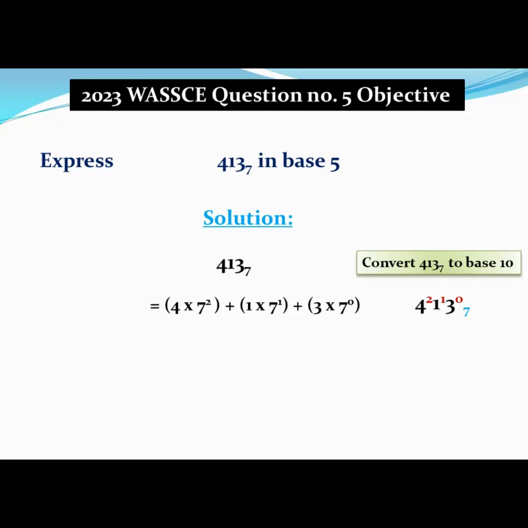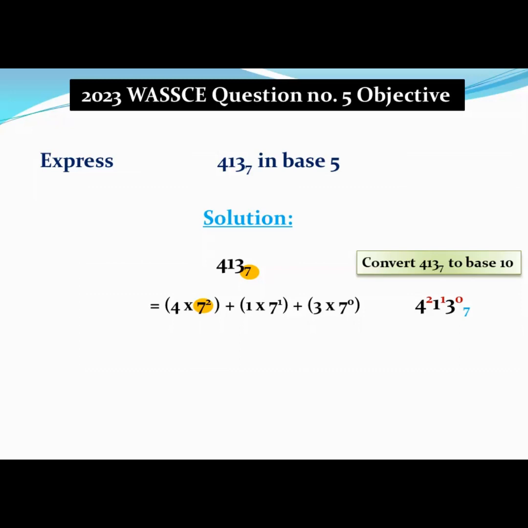You will see that this 4 is what I picked, and I multiply it by the base. Why? Because we are working in base 7, converting from base 7 to base 10.